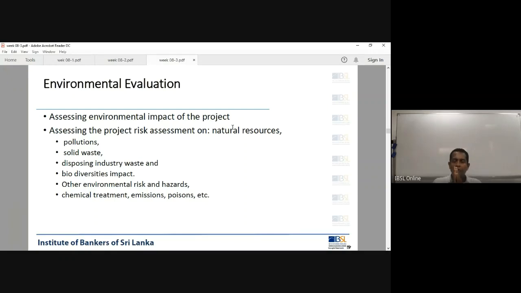Then for any manufacturing or hospitality, like hotels, hospitals, those kinds of service industries, we need to have an environmental protection license. That means under what conditions you can operate this factory or enterprise, right?